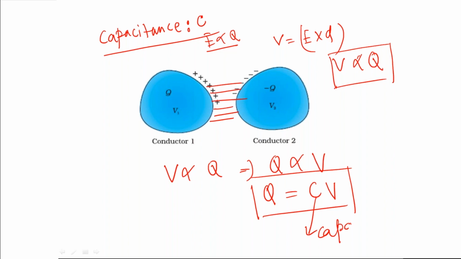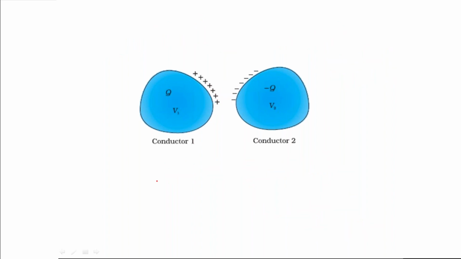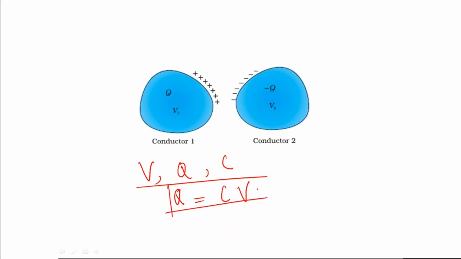That means there is a relation between potential, charge, and capacitance. So Q is equal to CV. This is the relation between the potential difference across the two conductors, Q, the charge held by the two conductors, and the capacitance, which is the property of this system itself, the capacitor.